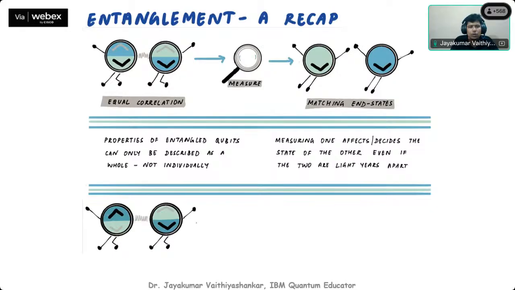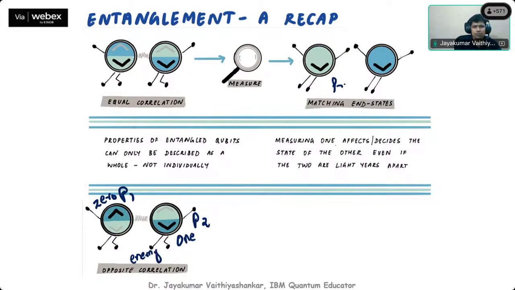So what happens if you do opposite correlation? Whatever happens for P1, if it is in state 0, P2 will point to state 1, just like enemies. The equal one is like friends: whatever happens for P1 shows immediately in P2 in the same way. But in opposite correlation, whatever happens for P1, P2 will show the opposite.